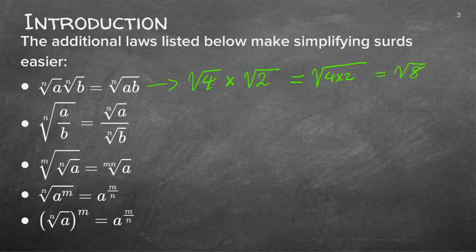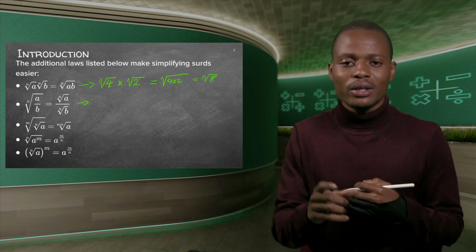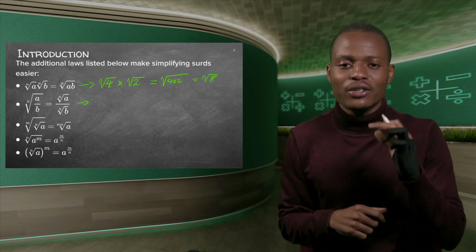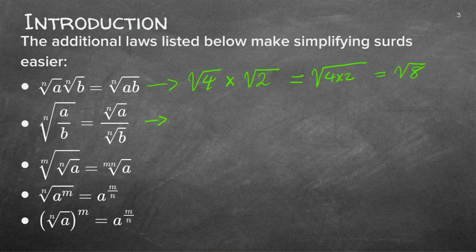The second rule says, if you have the nth root of a fraction, it means you can easily distribute that nth root into each part of the fraction. Let me simplify this and use different values.